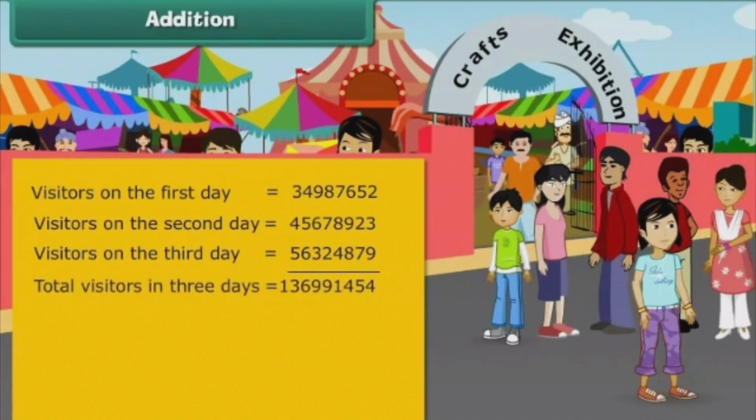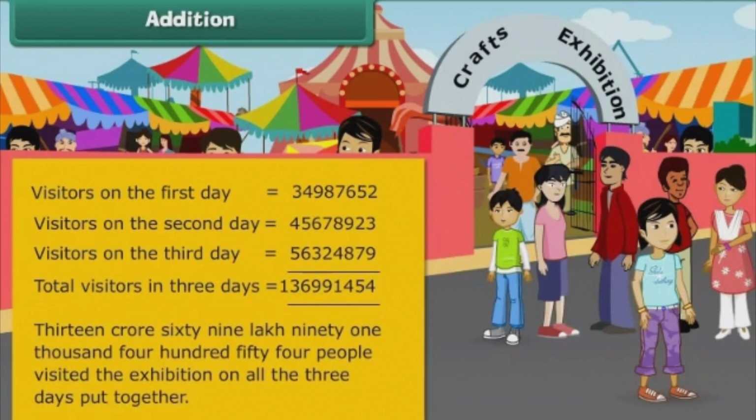Total visitors in 3 days is equal to 13699,1454. 13 crore 69 lakh 91,454 people visited the exhibition on all the 3 days put together.